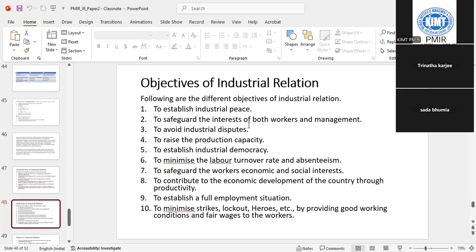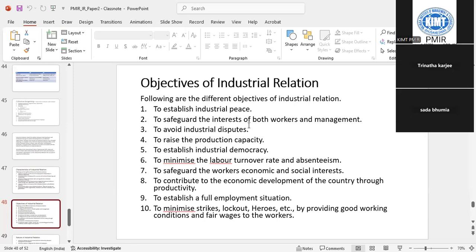So another objective is to safeguard the interest, to avoid industrial dispute. It's the same thing, to avoid the dispute. So dispute may happen regarding wages, environment, facilities, compensation, benefits, all these things.